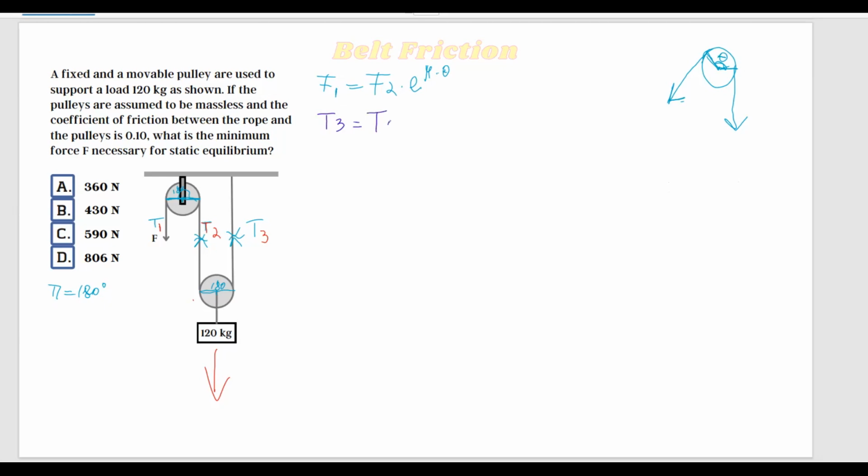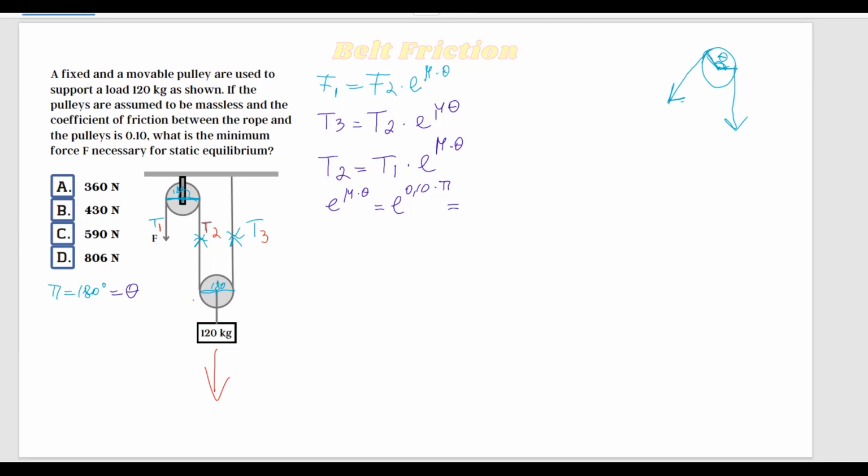So now, using the formula given in the FE handbook, we can write that T3 is equal to T2 multiplied by e to the power of mu theta, and then T2 is equal to T1 multiplied by e to the power of mu theta. So now we can calculate e to the power of the coefficient of friction multiplied by theta, which equals e to the power of 0.10 multiplied by theta. This is our theta in radians, it's pi.